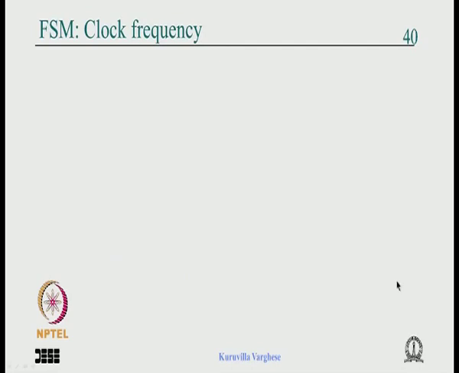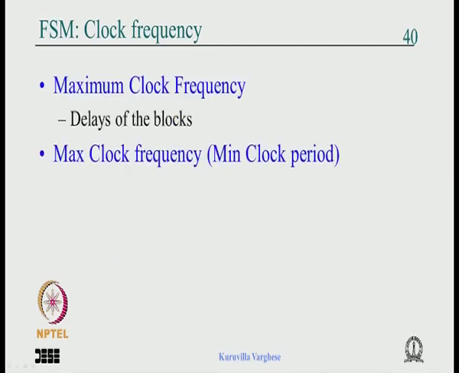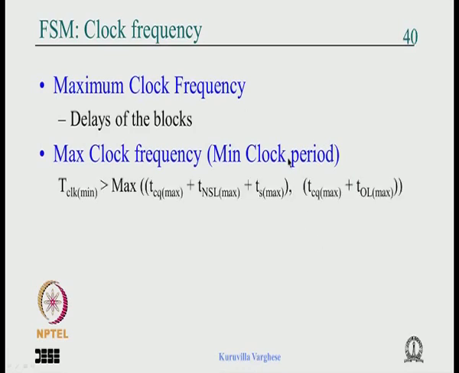We have a maximum clock frequency which depends on the delay of the clocks, or the minimum clock period: T clock min should be greater than the max of TCQ max plus TNSL max plus T setup max, or TCQ max plus TOL max. There could be some more terms here, but with the information we have, I am putting this, you can add that.